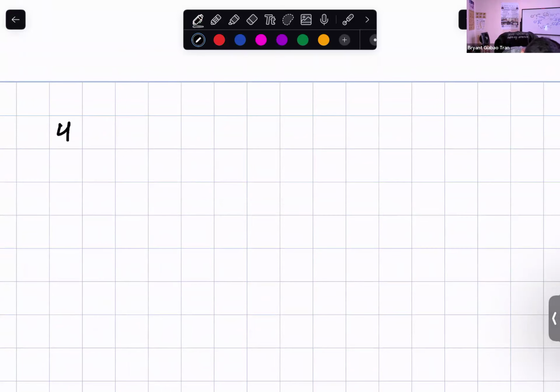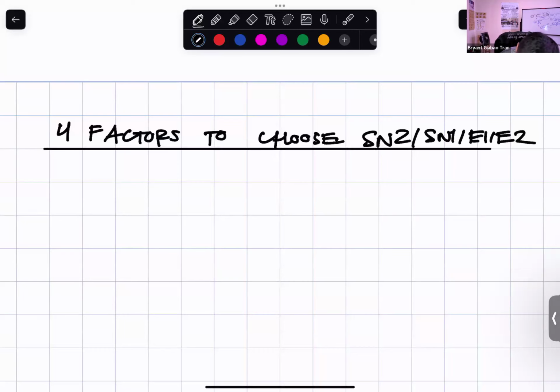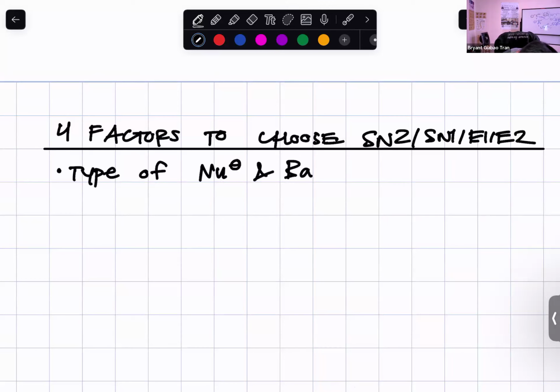The four factors to look for to choose between SN2, SN1, E1, and E2 are, first, the type of nucleophile and base.